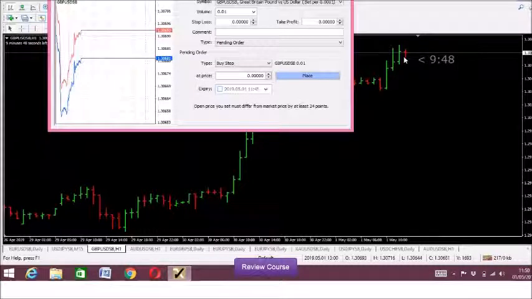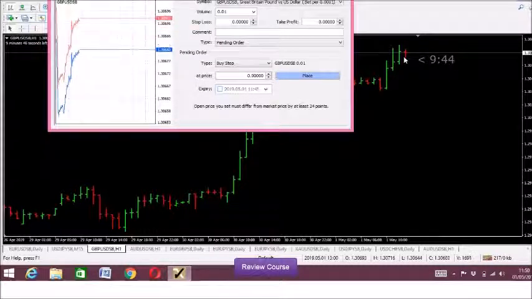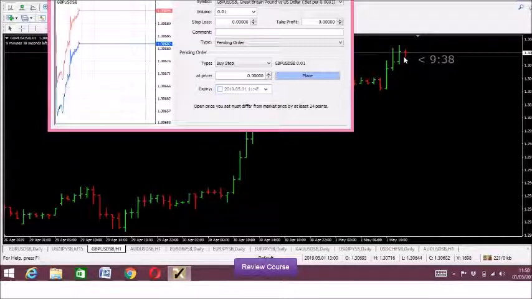So now, in this buy stop example, let me give you an example. You go to an estate agent, and you tell the estate agent you want to buy at the above price. So this is where you want to get in. It's the same thing here.